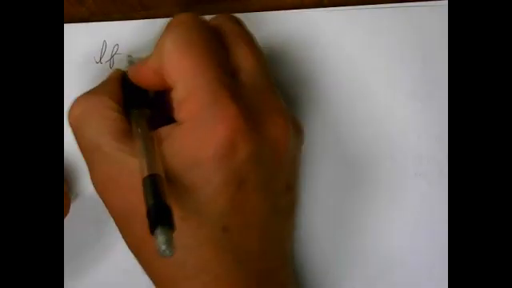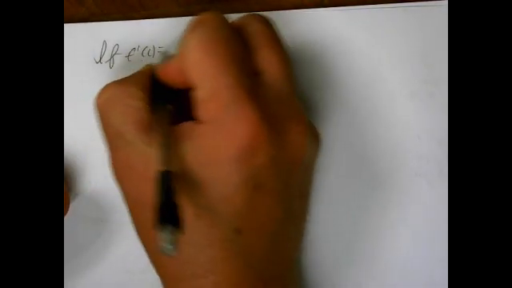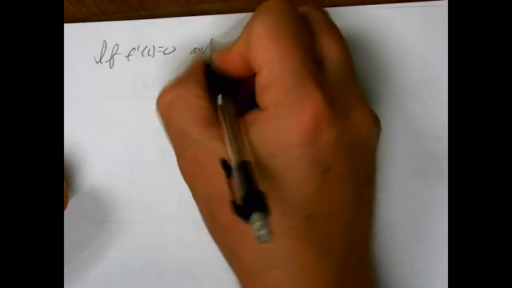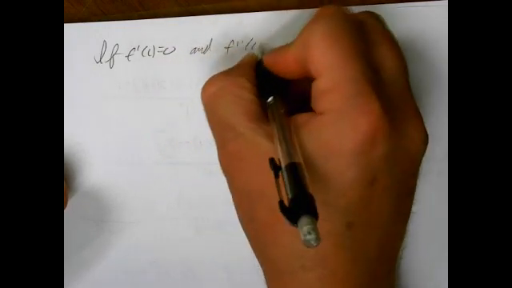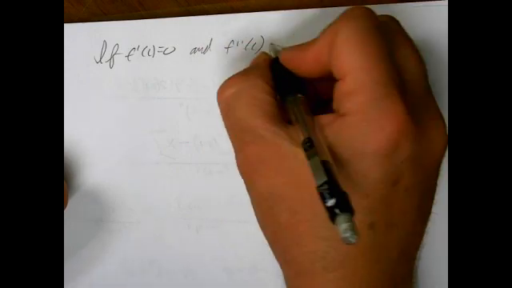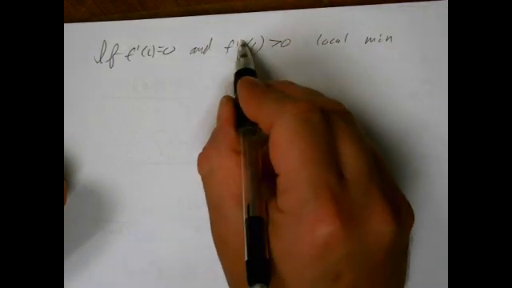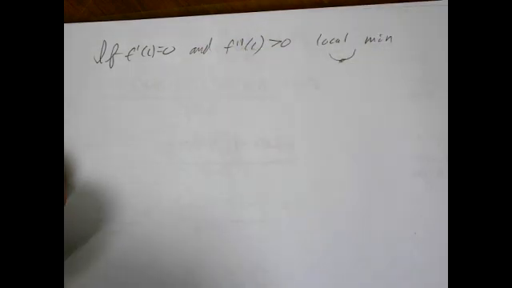If f prime of c is equal to 0, and the second derivative at that point is greater than 0, then you have a local min. And again, f double prime greater than 0 means it's that concave up shape, and that's why you can see a local min there.